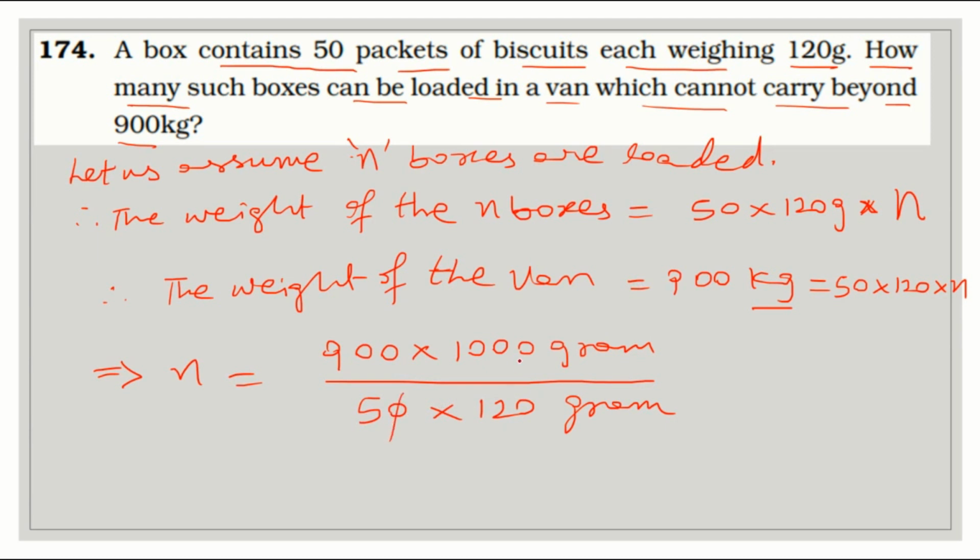Now this 0 cancels, this 0 cancels, 5 ones are 5, twos are 2, 6 ones are 6, so 150. Therefore 150 boxes are loaded in that van.